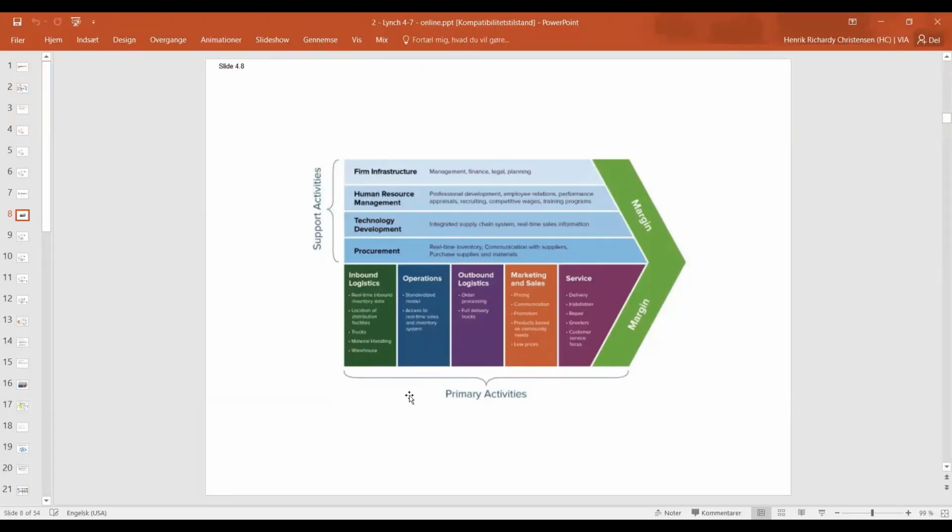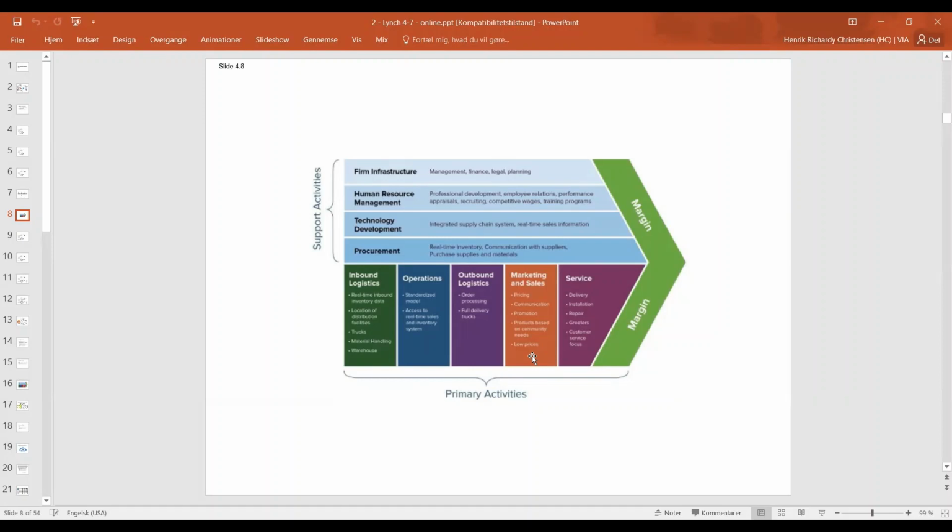Okay, then if we look at marketing and sales, what is it that we know Coca-Cola for? Well, we know that it's a brand, it's global. So lots of the things that we pay for when we buy a Coca-Cola is that we pay for the brand. Of course, some would say that we also pay for the taste. And of course, Coca-Cola would say that as well.